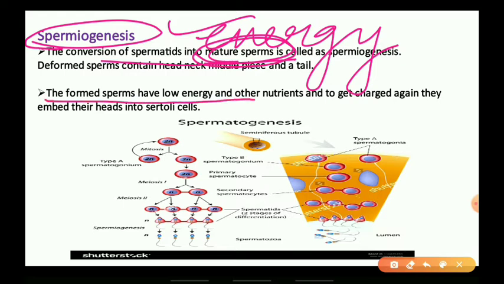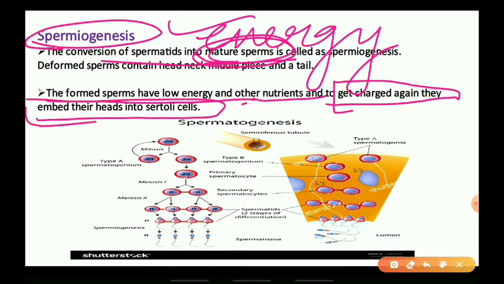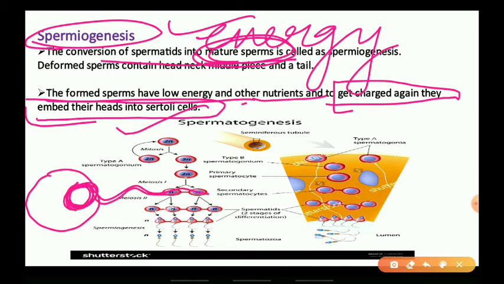The formed sperms have low energy and other nutrients, and to get charged, to get the energy again, they get embedded into the Sertoli cells. Suppose this is a Sertoli cell. The head of the sperm will be embedded in this Sertoli cell.